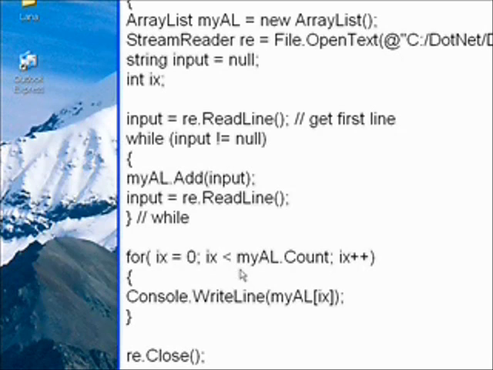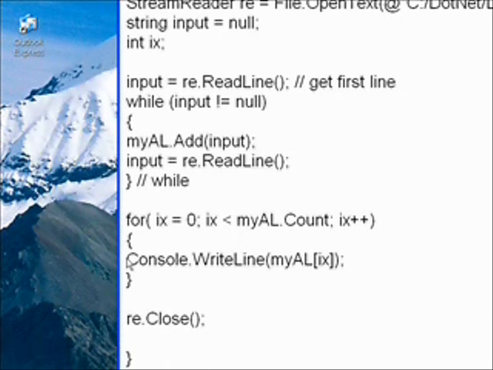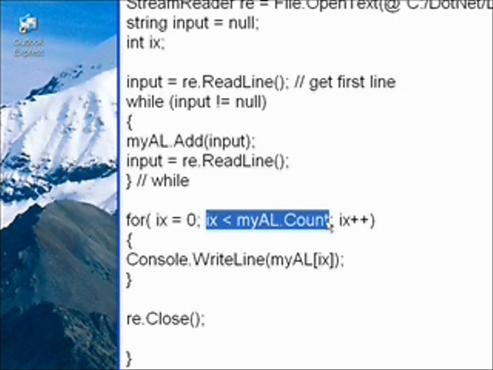And you notice the thing that terminates the for loop is comparing IX to myal.count, and myal.count is a property. .add was a method, and .count is a property, and .count is set to the number of members in the array. So initially IX is set to 0.